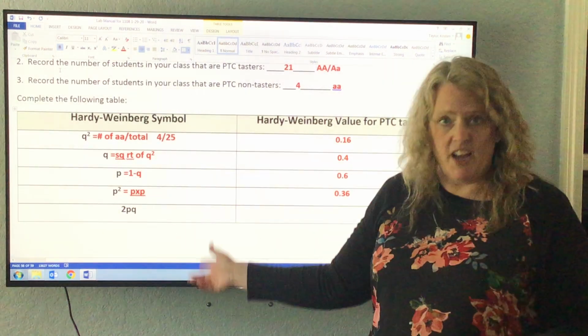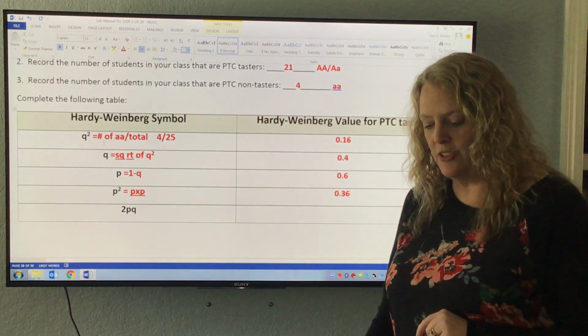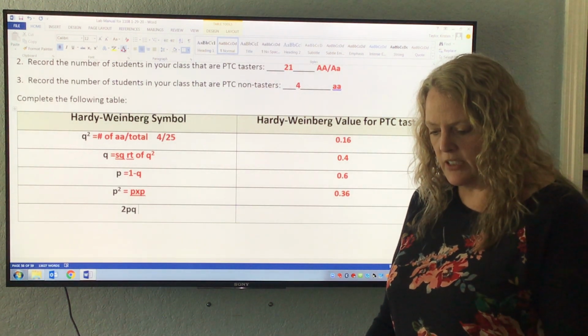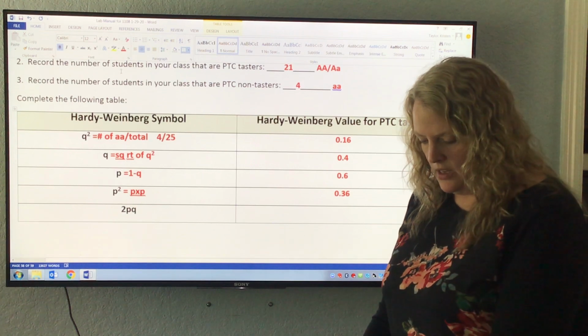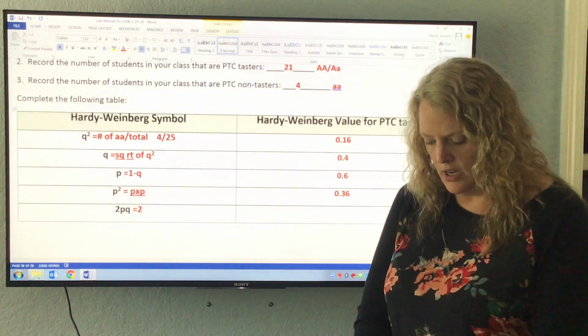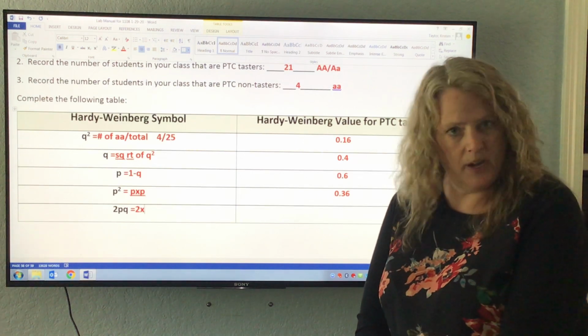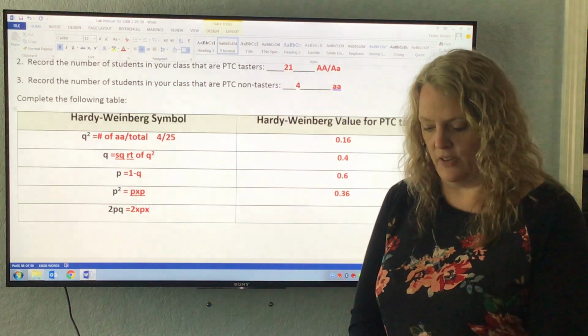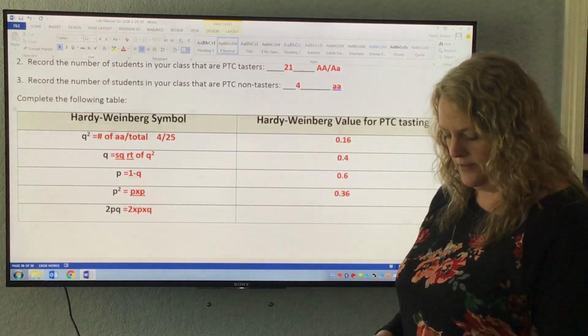Okay, now this one we have not done. And this is the heterozygous genotype. To be able to solve for your heterozygous genotype, all it is 2 times whatever your p-value is times whatever your q-value is. Okay?